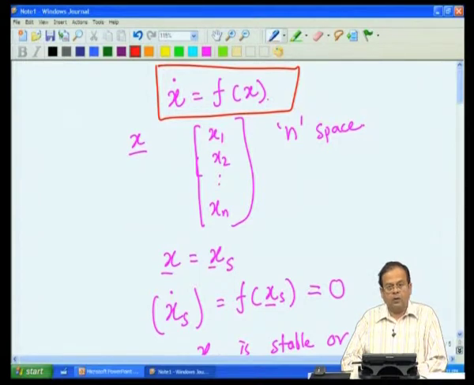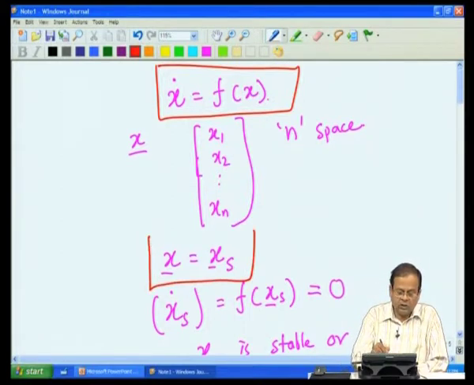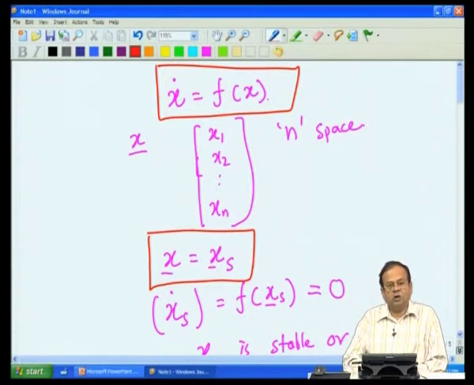What we are trying to find out is if the steady state x equal to x_s is the steady state solution of this, such that x_s dot equal to f of x equal to 0, is it stable or otherwise? That is the question that we have in front of us.